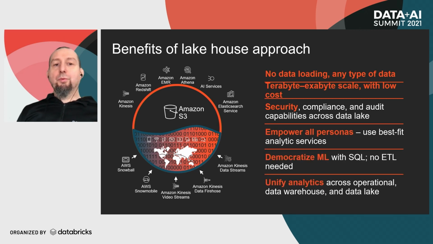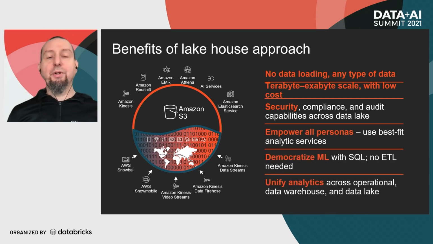So what is a lakehouse on AWS and how does AWS see the lakehouse architecture? At the center of it is Amazon's Simple Storage Service, S3. And we see three motions with the lakehouse architecture. You have these services around the perimeter.